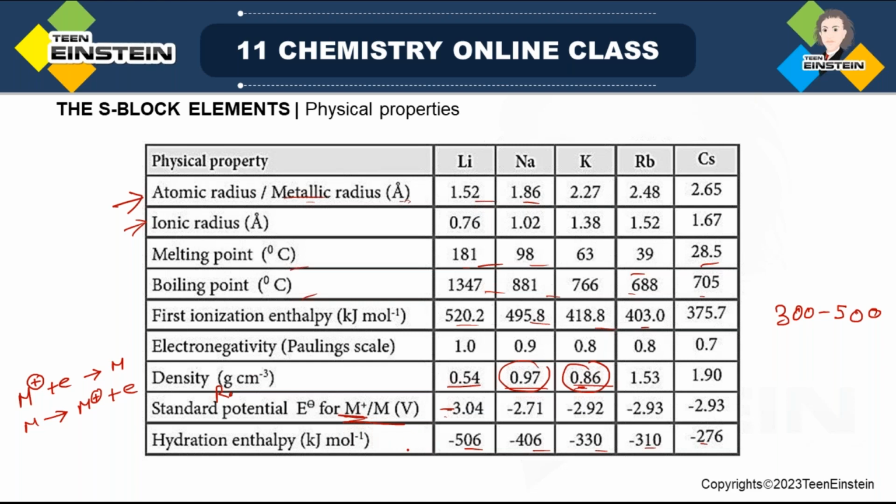So from standard reduction potential, we can get an idea how much reducing property we can expect. All of them are good reducing agents because all of them have a negative value for reduction potential. Okay.